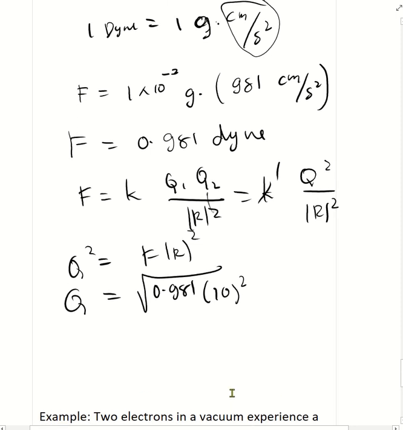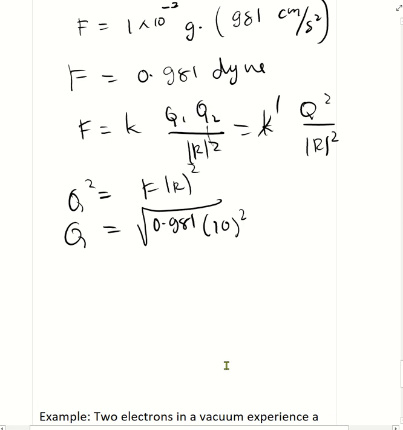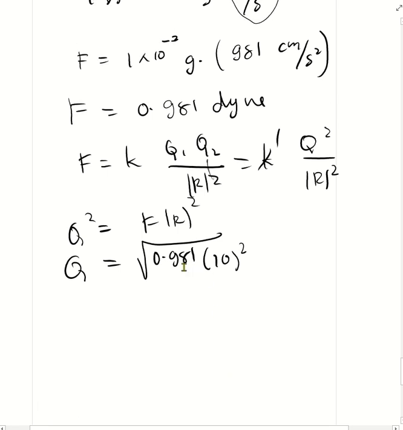Because we are all in CGS, 0.981 is in dyne and here is in centimeter, so the unit here should be statcoulomb. So Q will be equal to 9.